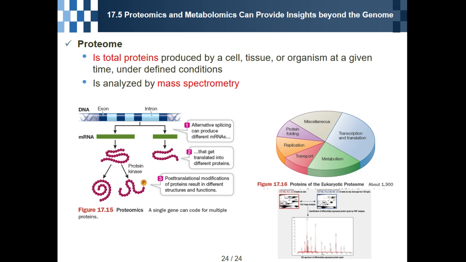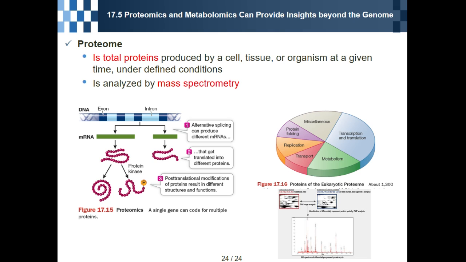Okay, so figure 17.16 shows the proteins of the eukaryotic genome, the proteome. Maybe 20% of our proteins are involved in metabolism, 10% in transport, and 15% in replication, like this. And nowadays, people can detect each protein's mass.